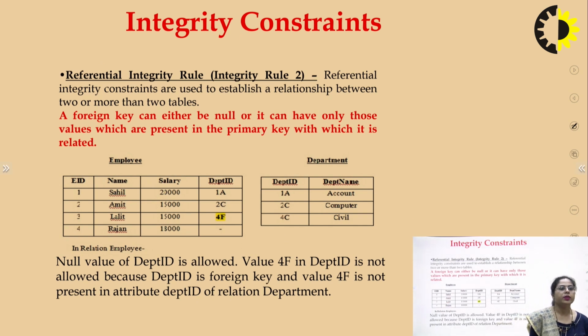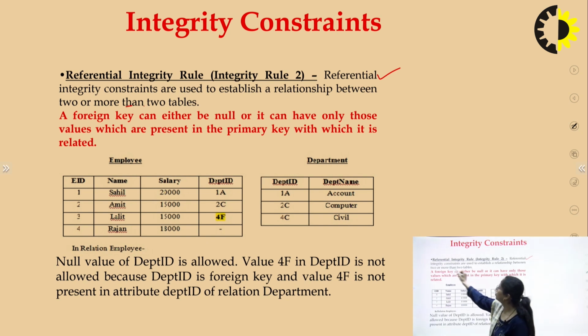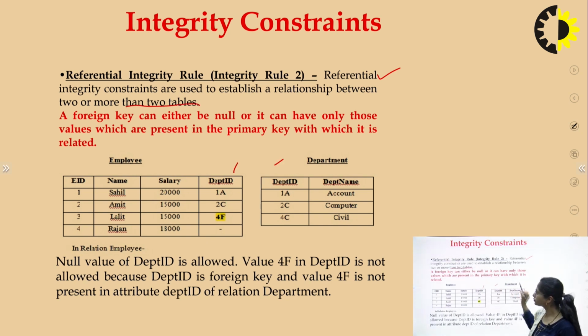The second is the referential integrity rule. In referential integrity, constraints are used to establish a relationship between two or more tables. To maintain the relationship between tables, we use referential integrity constraints.